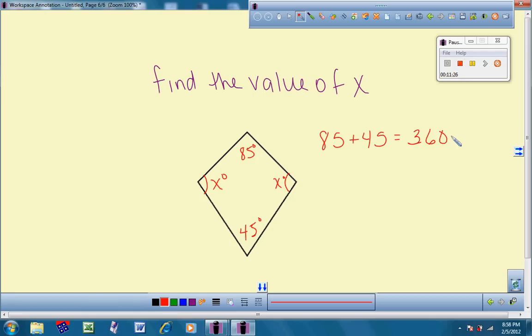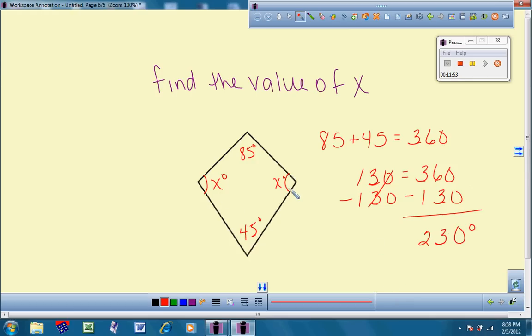We know that 85 plus 45 is 130, and we can take that 130 and subtract it from 360. 360 minus 130 is 230.